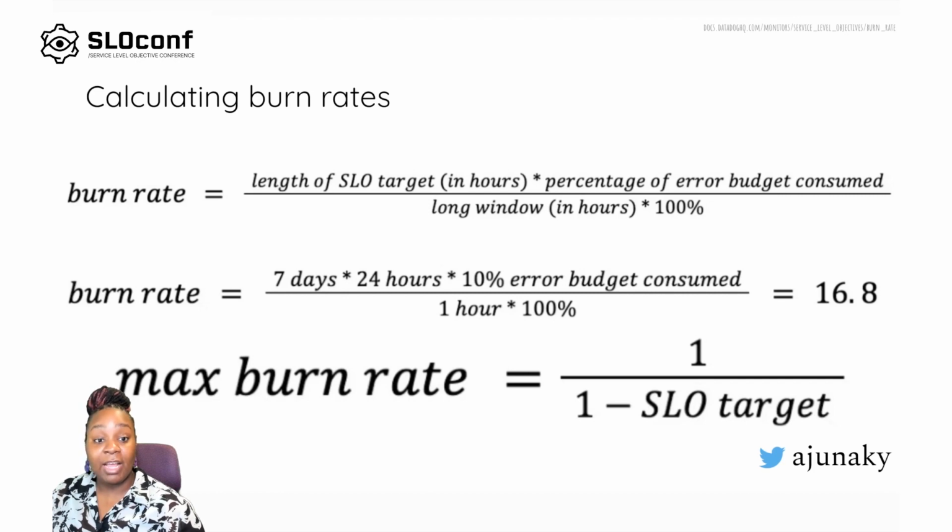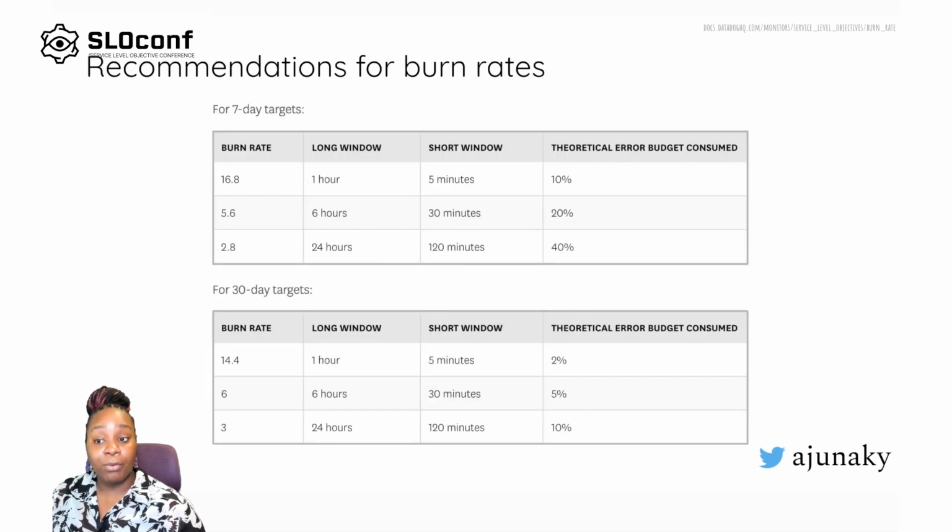Next, I want to talk about a few recommendations for burn rates using different targets for SLO periods and also different windows. These examples here assume a 99.9% target, but they're reasonable for targets as low as 96%. The maximum burn rate for 96% is actually 25, and these will still alert on that.